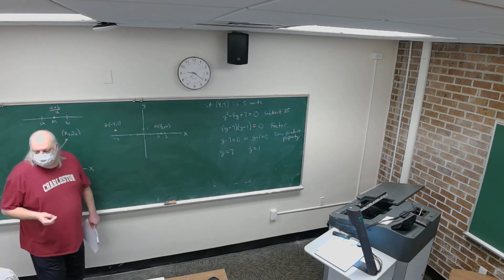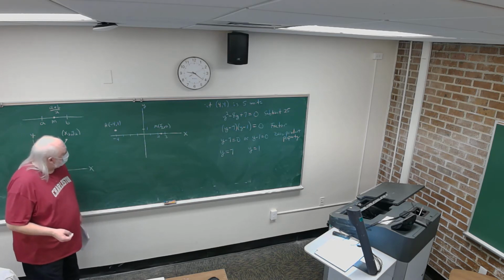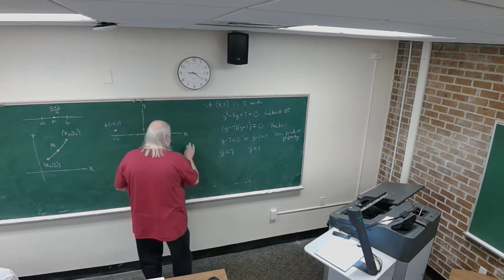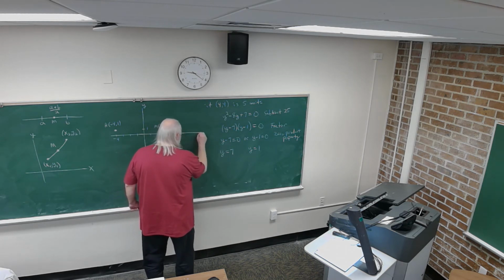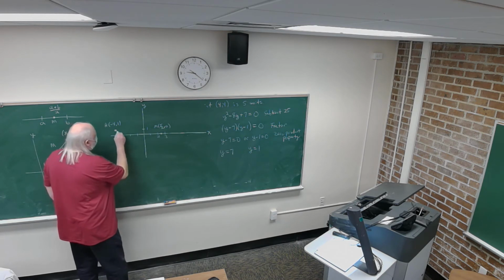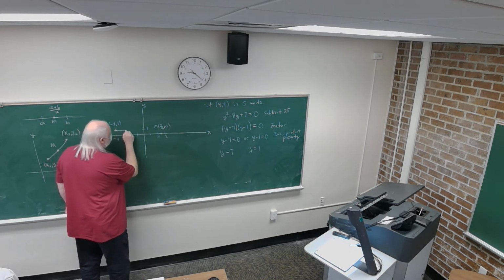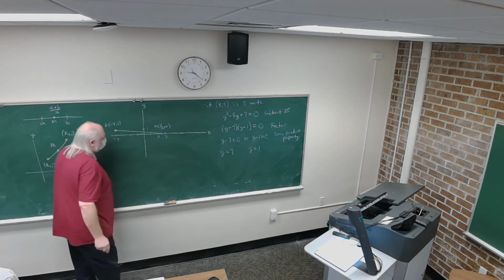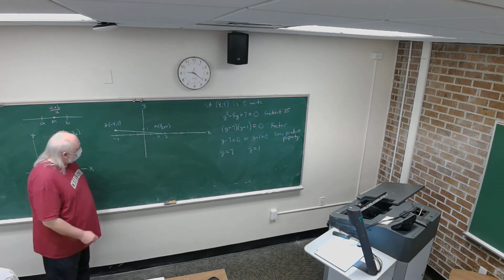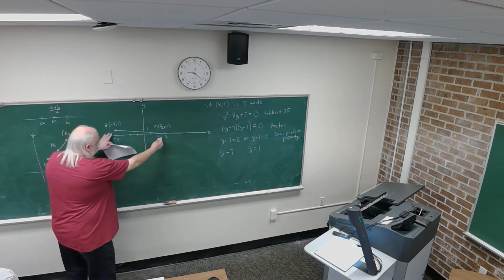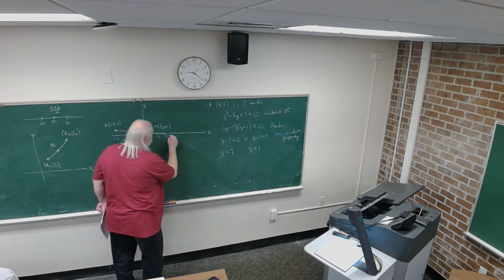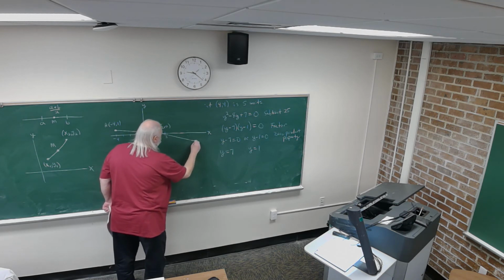The y-coordinate is 0, so the point's on the x-axis. Okay. So I've got to extend my x-axis here. The distance from A to M is equal to the distance from M to B, right? So I've got to extend this line segment by the same amount. So B is down here somewhere.